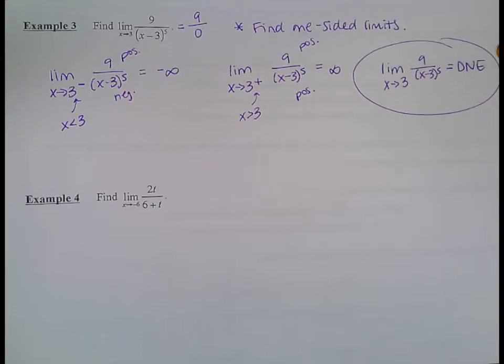Okay. I know I have example 4 there. Why don't you look at example 4 without me? So find that limit. If it doesn't exist, be able to show why it doesn't exist.